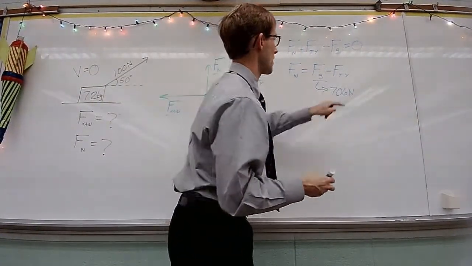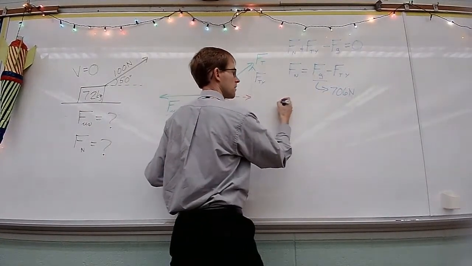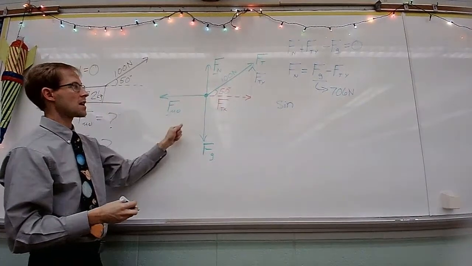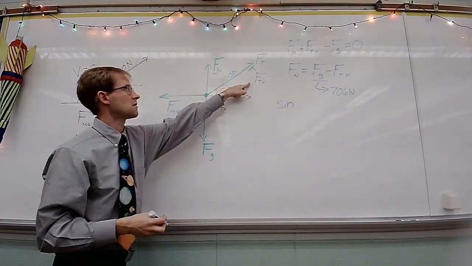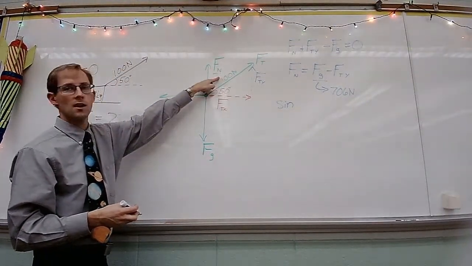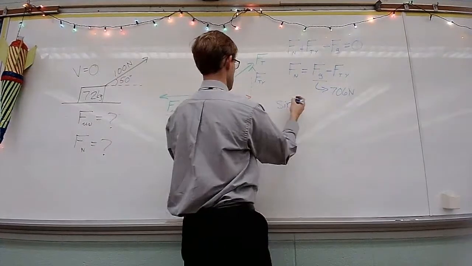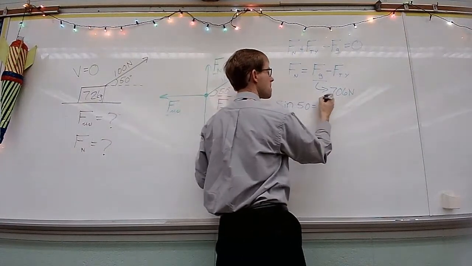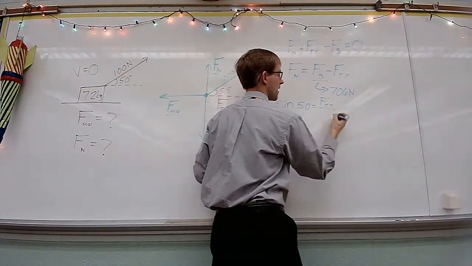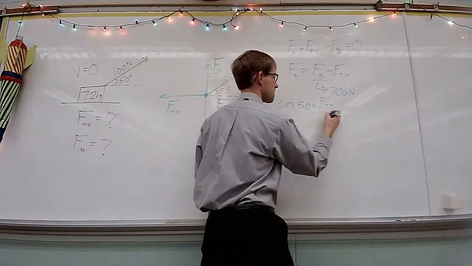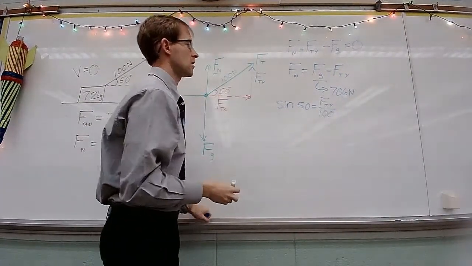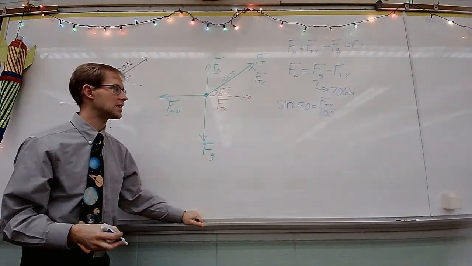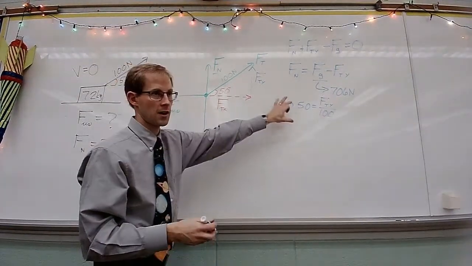So tension in the y direction, then I'm going to use a sine function to solve for. So sine is equal to the opposite side divided by the hypotenuse. So the opposite side is equal to FTY, and the hypotenuse is 100. So tension in the y direction, like the previous example, is going to be 100 times your trigonometric function.